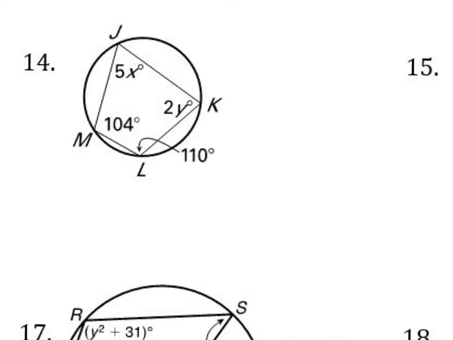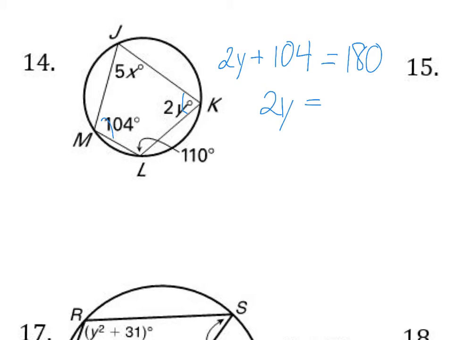If you remember from that theorem, what it tells me is that the opposite angles, like angle M and angle K, are supplementary. They're going to add up to 180 degrees. So I know I'm going to have 2y plus 104 equal to 180, which is going to give me 2y equals 76. Last thing I'm going to do is divide by 2, which gives me 38 for y.